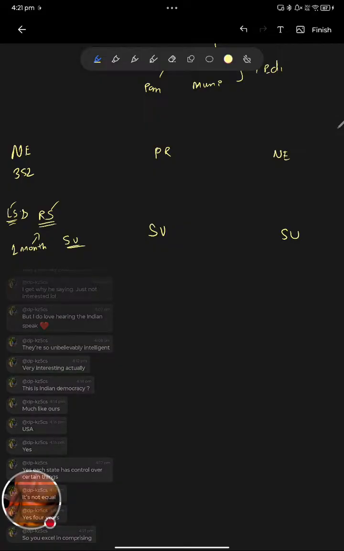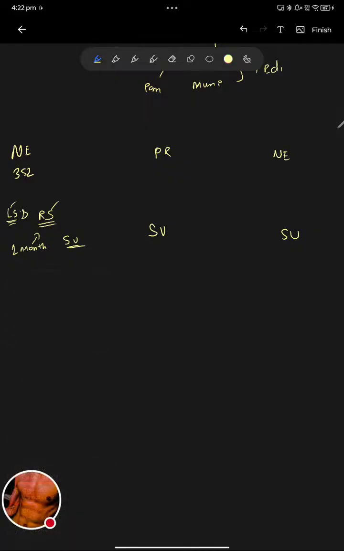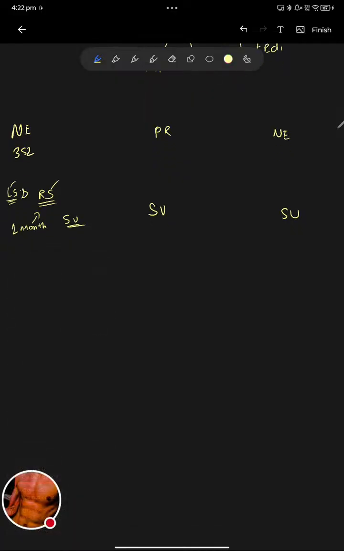Not only us, what I'm trying to say is that whichever country was under British rule, the British constitution evolved over a period of time.